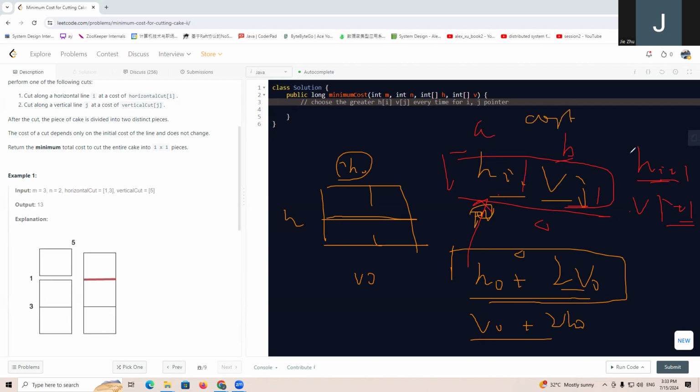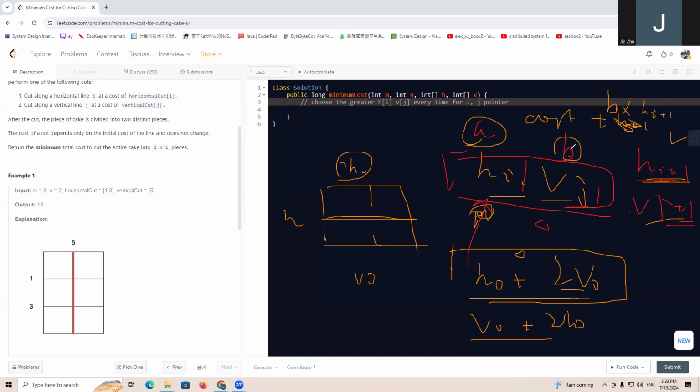Now if our horizontal is greater and we cut horizontal first, that is plus h[i+1] times B, since we already have A horizontal parts and B vertical parts. And then we have vertical cuts, that is plus v[j+1] times A plus 1, right?